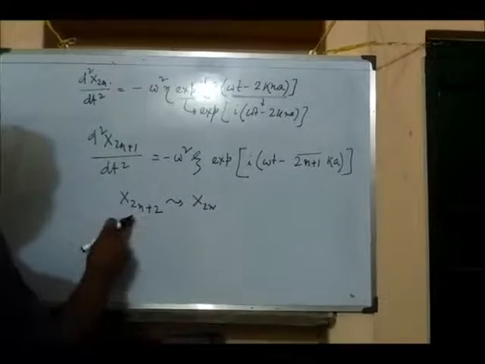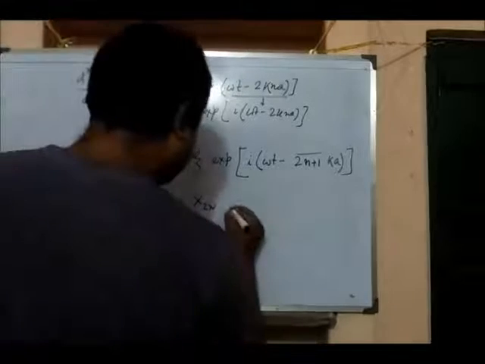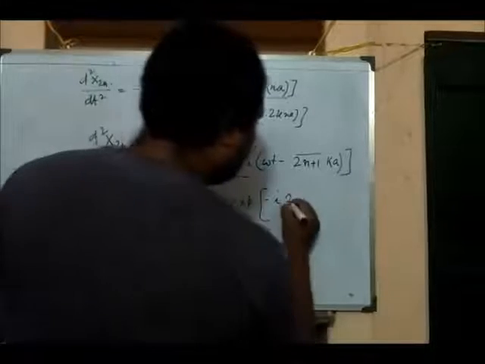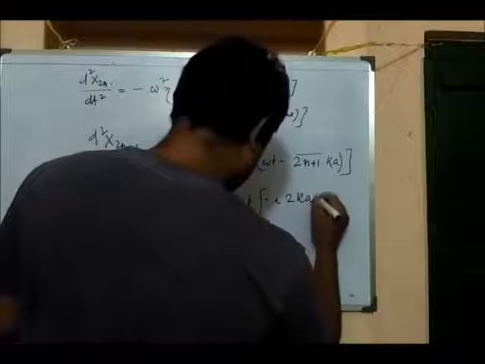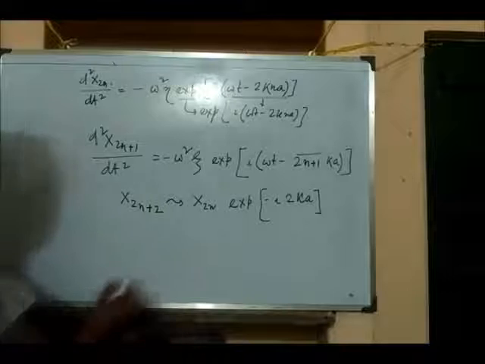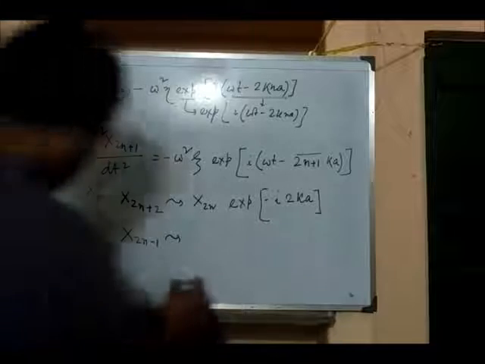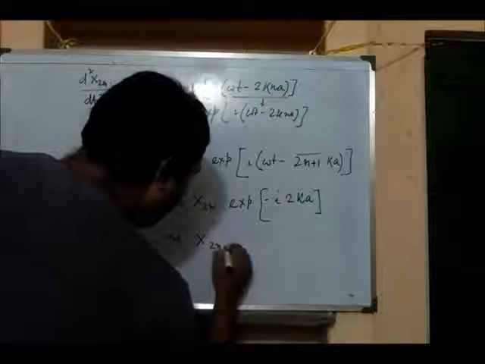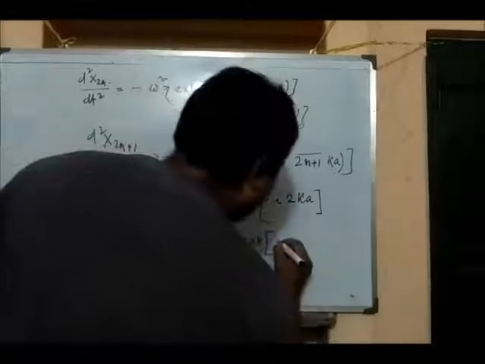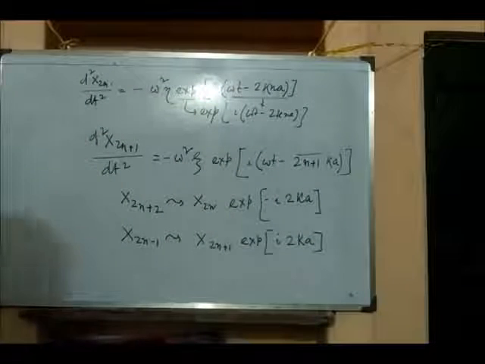So the ratio of x₂ₙ₊₂ and x₂ₙ will be exponential minus i 2ka. And x₂ₙ₋₁ will be x₂ₙ₊₁ times exponential i 2ka, right?